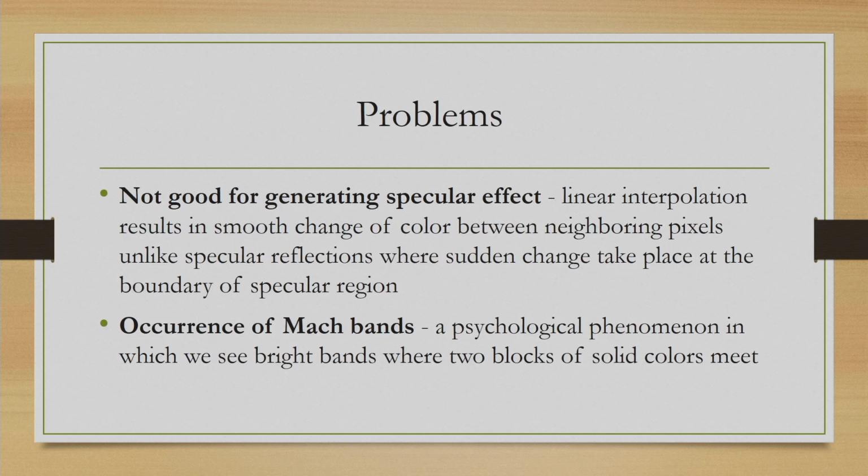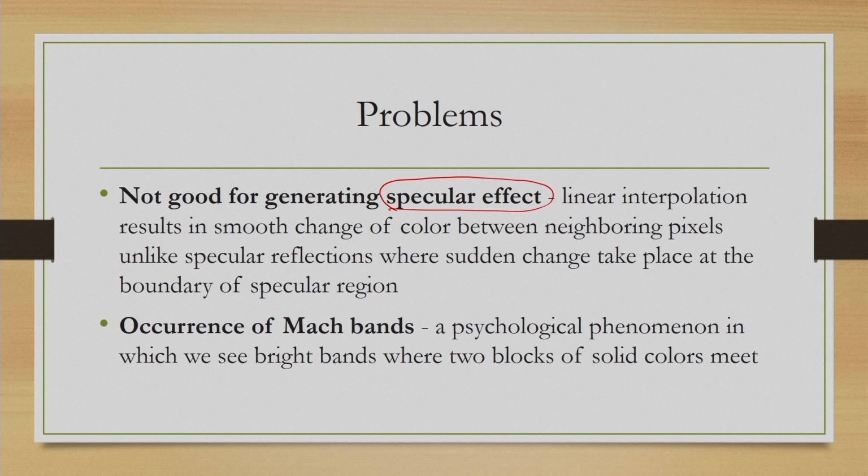There are problems with Gouraud shading as well. Although it generates more realistic images compared to flat shading, there are two major problems. One is that it is still not good at generating specular effect, that is, the shiny surface or the bright spots that we get to see on a surface.